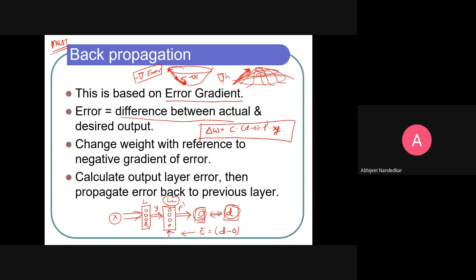Now if I want to use the same rule at this layer, what is the problem? The problem is that at the L1 layer we have no desired response available. Desired response is available only for the last layer.